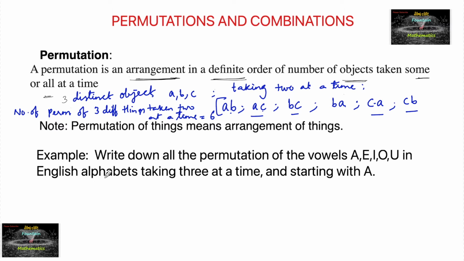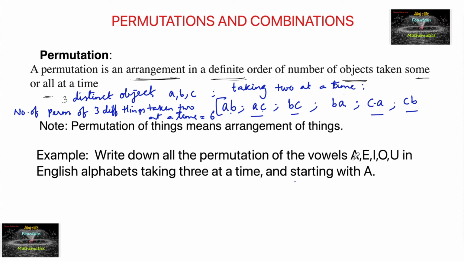Now let me explain one more example. Write down all the permutations of the vowels A, E, I, O, U in the English alphabet, taking 3 at a time and starting with A. So here we need to write all the permutations.